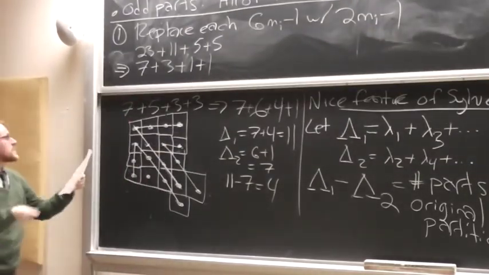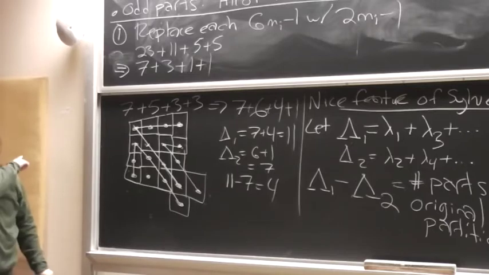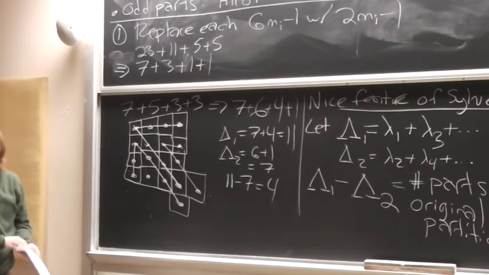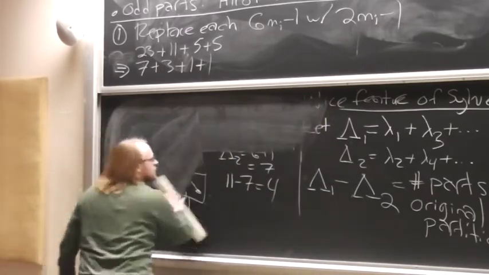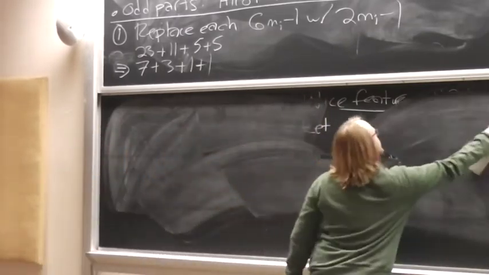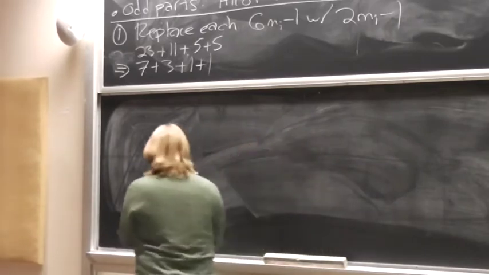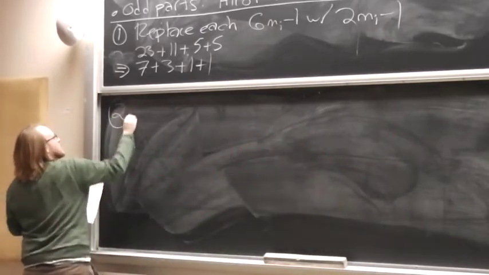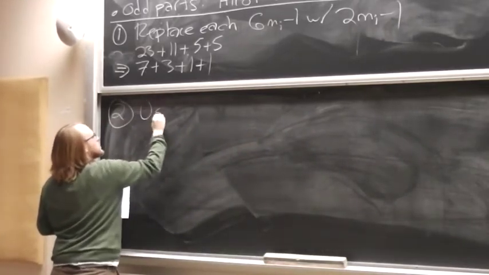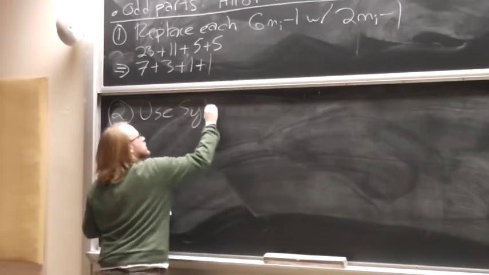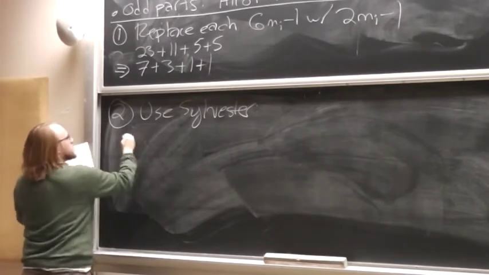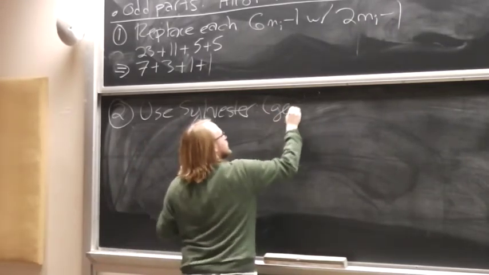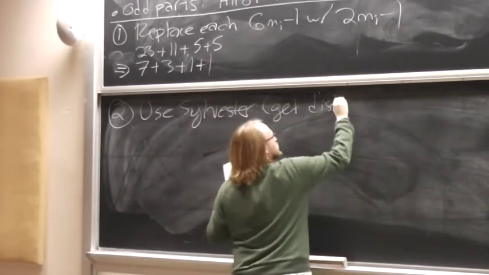And then step 2 is the Sylvester bijection on this odd partition, which I probably shouldn't have just erased, but oh well. So using Sylvester, we get a distinct partition.